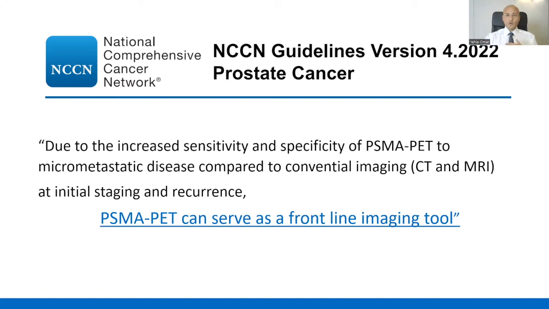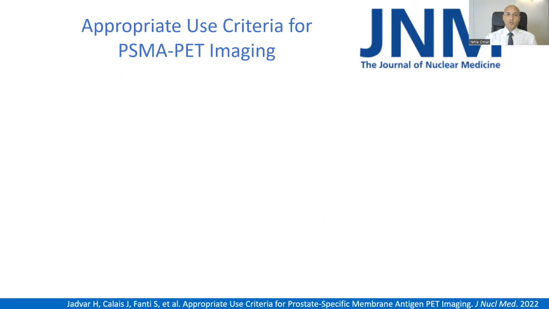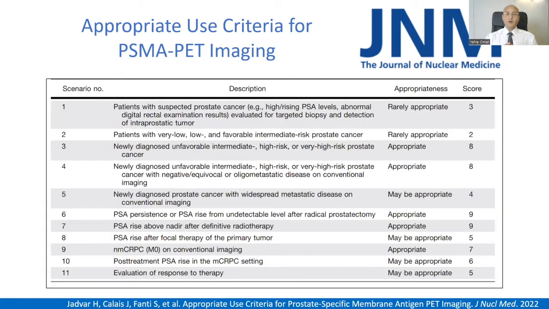Now let's move to our guidelines now for the nuclear medicine. And this is the appropriate use criteria on PSMA PET imaging from Journal of Nuclear Medicine. And these are the most common clinical scenarios. I'm going to highlight the most important that we are now using routinely in our daily practice.